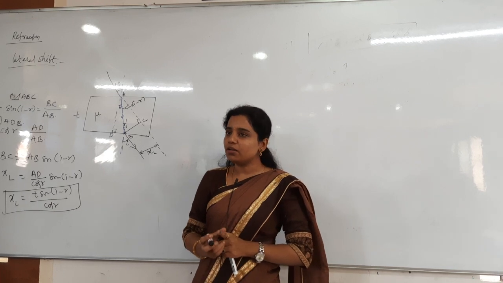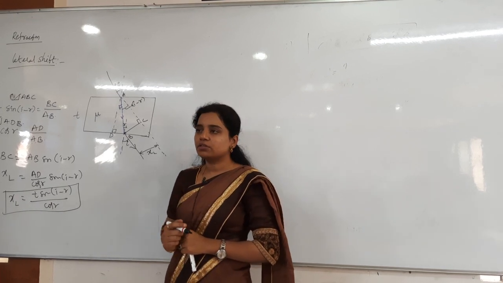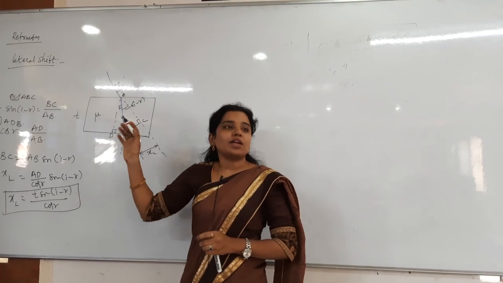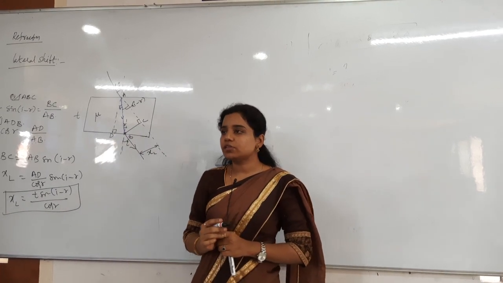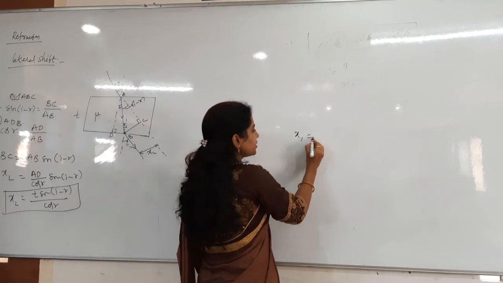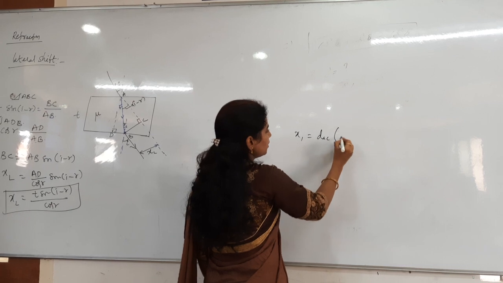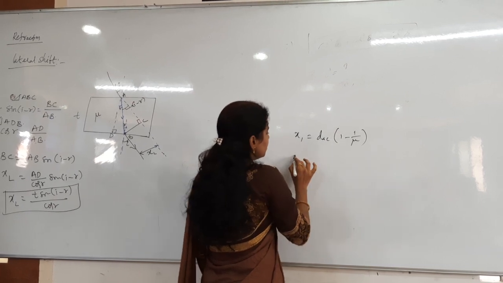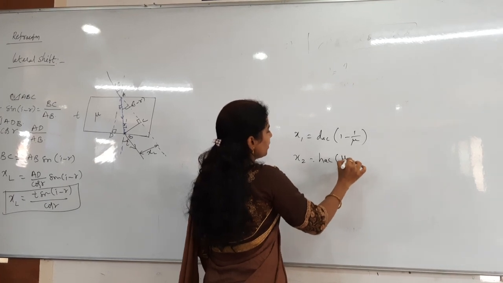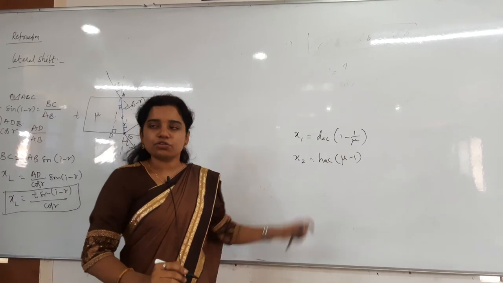It is not the normal shift. What is the reason? The shift is not perpendicular to the boundary. If it is perpendicular, that will be the normal shift. We already got the formulas. First case, x1 is equal to d actual into (1 − 1/μ). Second case is h actual into (μ − 1). These are the two formulas we got.